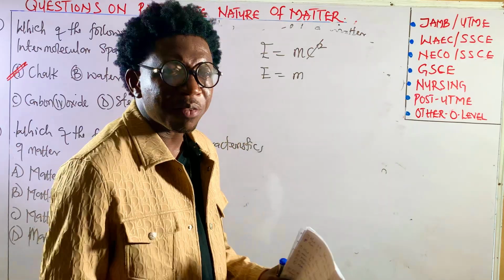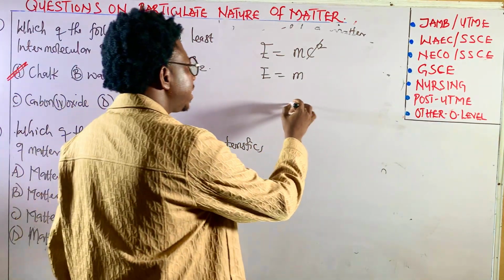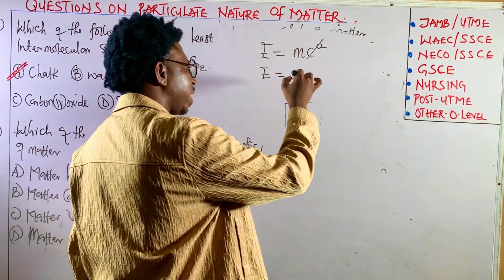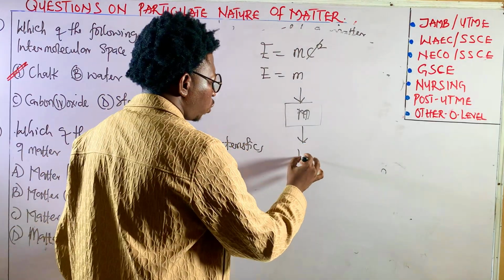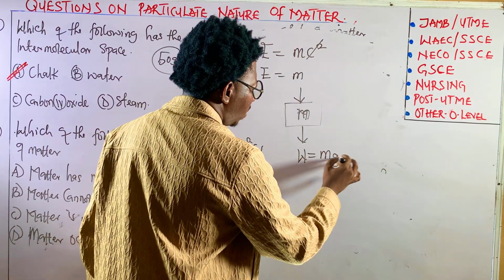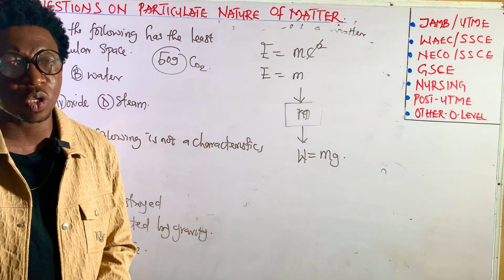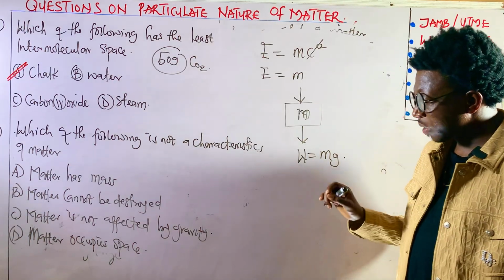The force of gravity acting on a mass is what we call weight. So if this is a matter and this matter has mass, there is a force of gravity acting on this mass, and this force of gravity is called weight. Weight is equal to mg. So the force of gravity acting on a mass is what we call weight. So we can't say that matter is not affected by gravity.